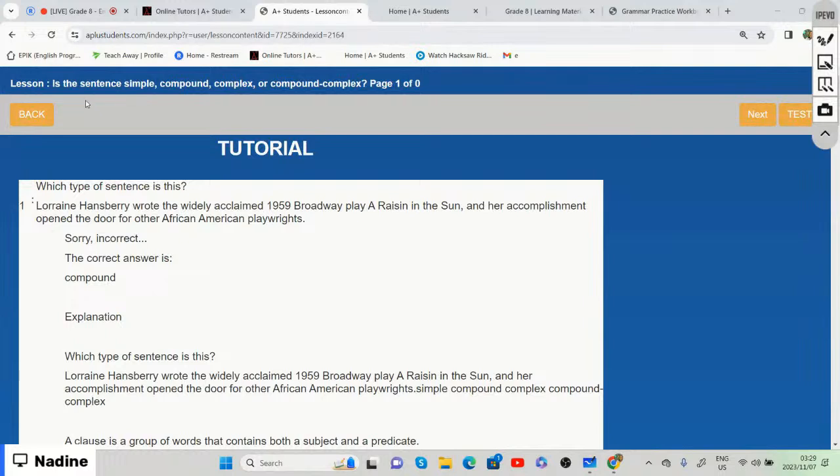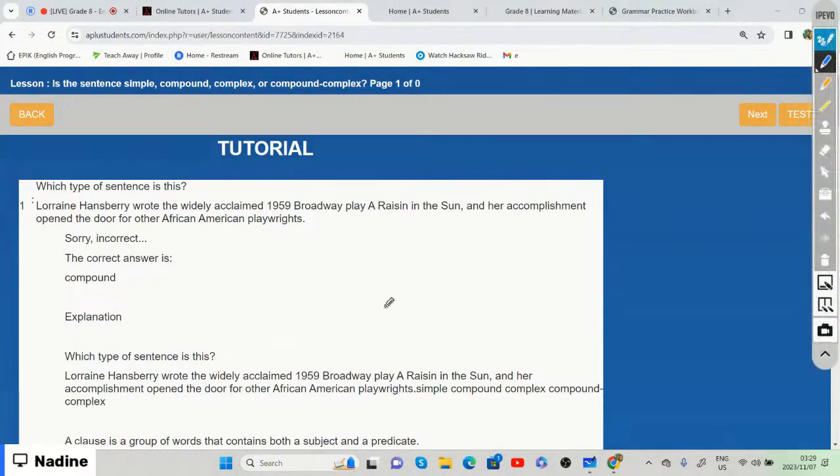So if we look at this sentence, we can say this is a compound sentence.